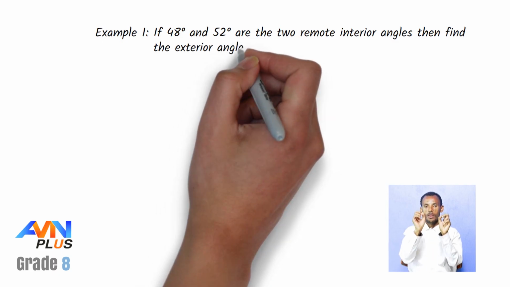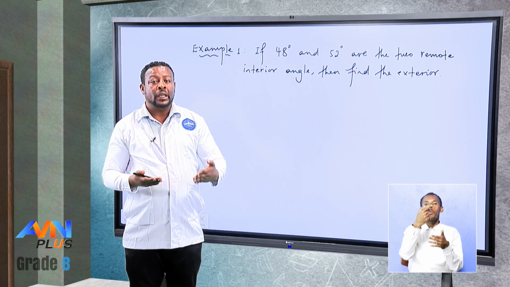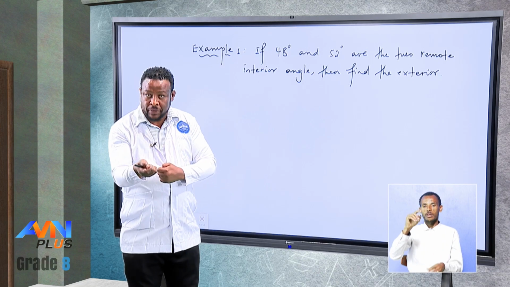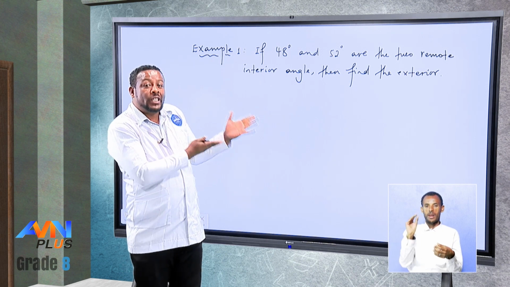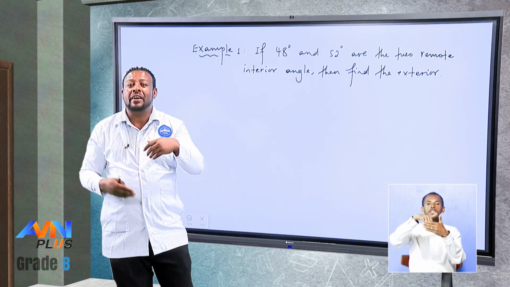Okay, look here, what's given? The two remote interior angles are given, and based on this, you are asked to find the exterior angle.